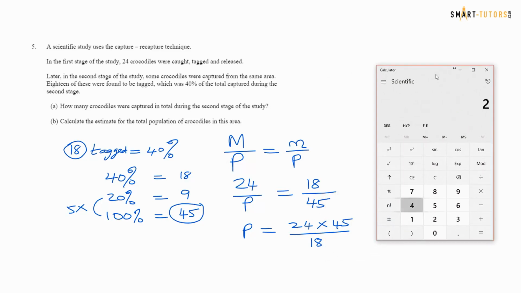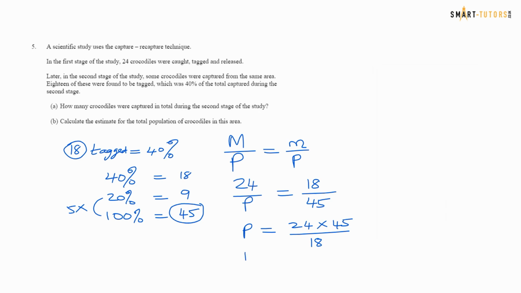So 24 times 45 divided by 18 is 60. So the population is 60. So that is for the B part, and the A part is this one.